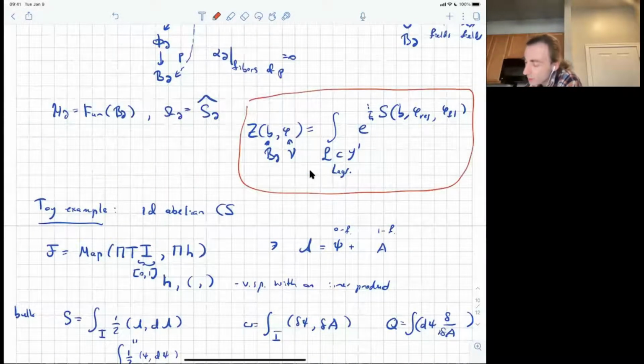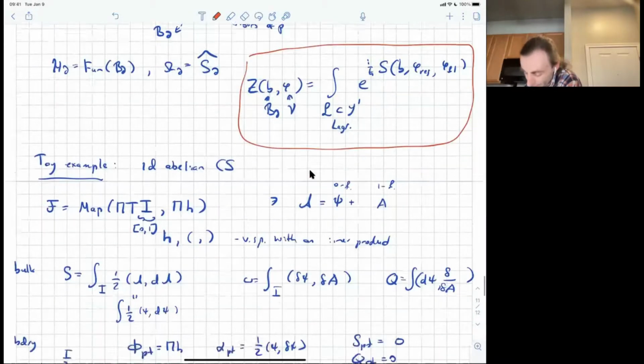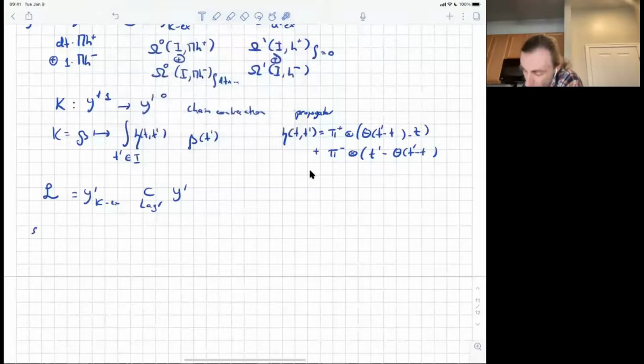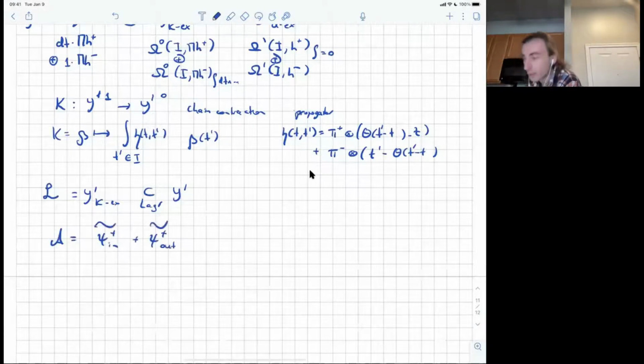So you need to split your superfield as the boundary field plus the residual field plus the fluctuation. So you're splitting your field as the boundary field, psi plus plus psi minus, but I should extend them into the bulk. Let me denote by twiddle this extension.